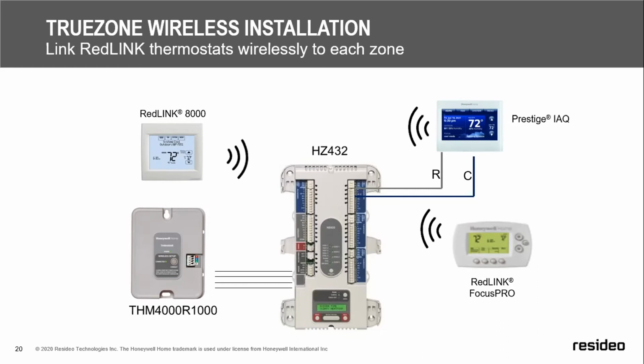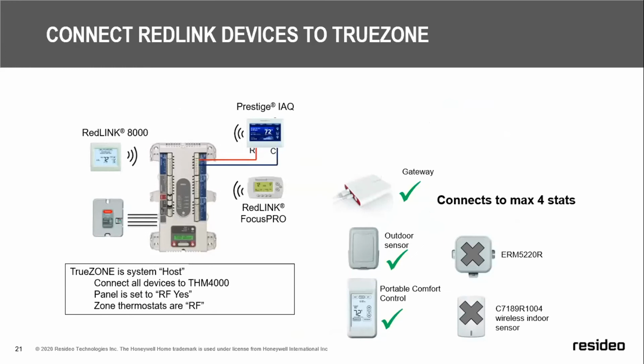Its little brother, the RedLINK 6000, and there's a non-programmable 5000 that has the ability to be 100% battery powered. Now remember, we've got to have 24 volts coming to the sub base of the Prestige, so consequently, if it comes from the zoning panel, great, but it doesn't have to. I just don't want you thinking that we're digitally communicating over the R and C wire. Okay, we'll go to next, please.